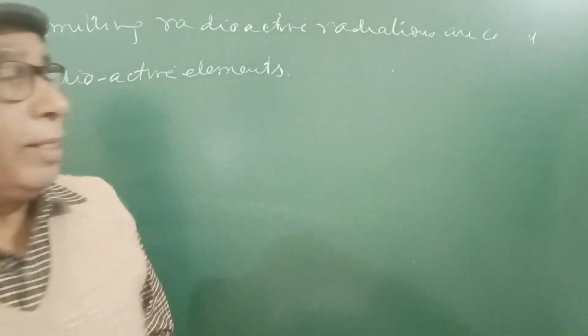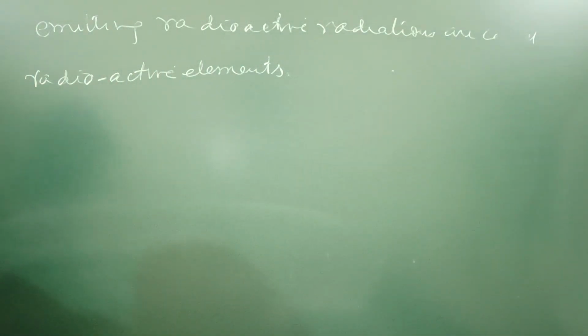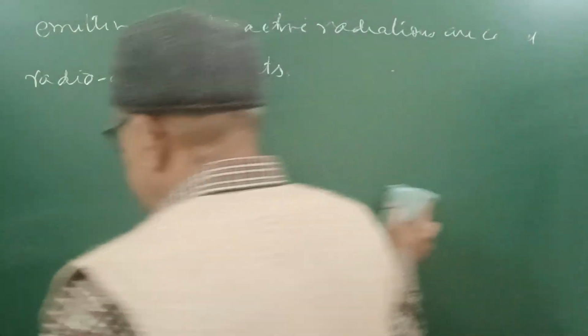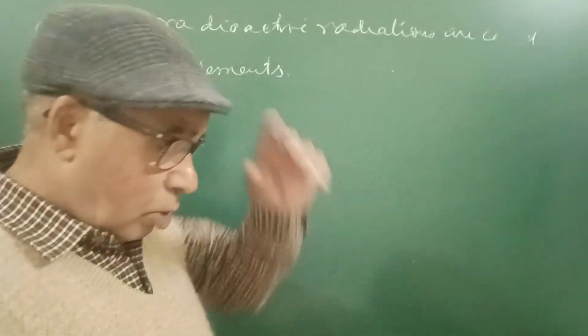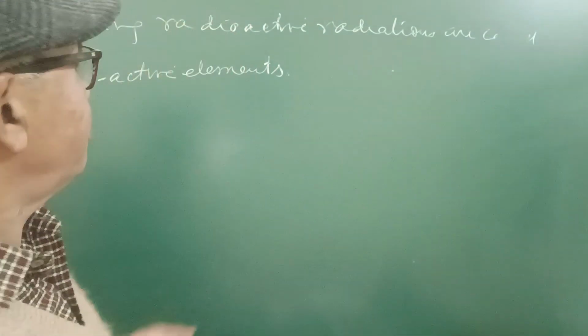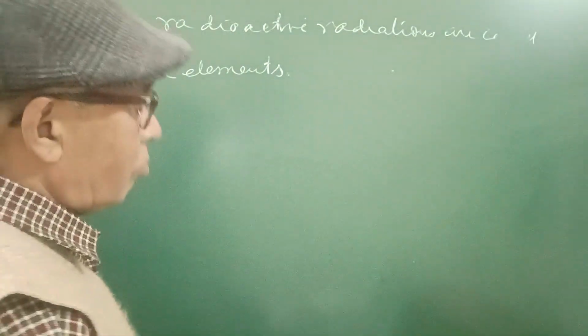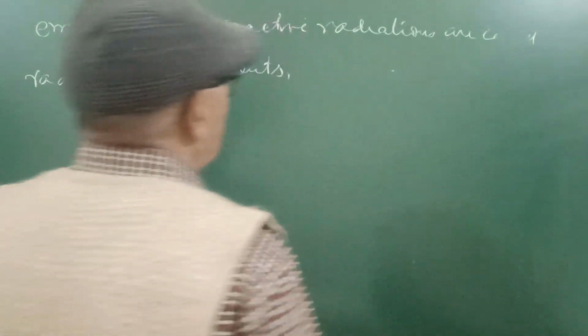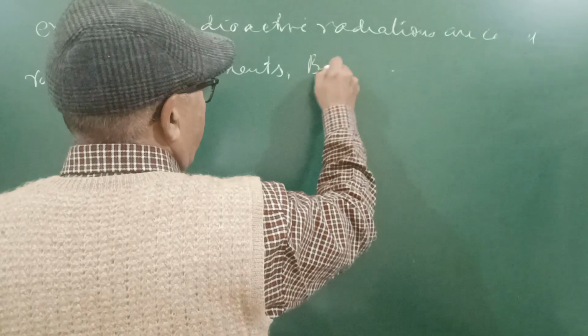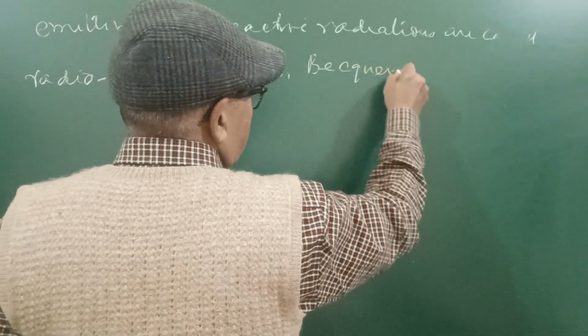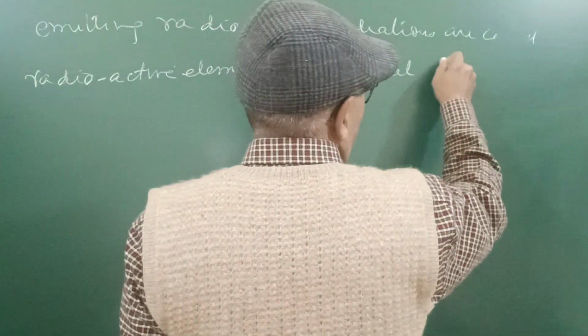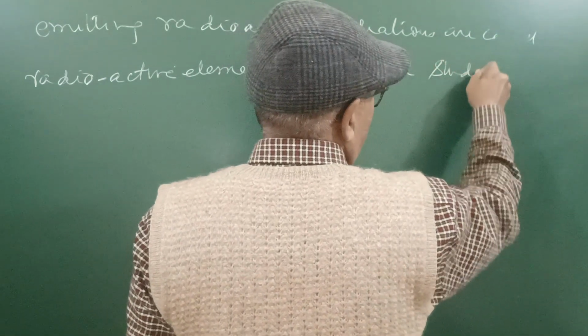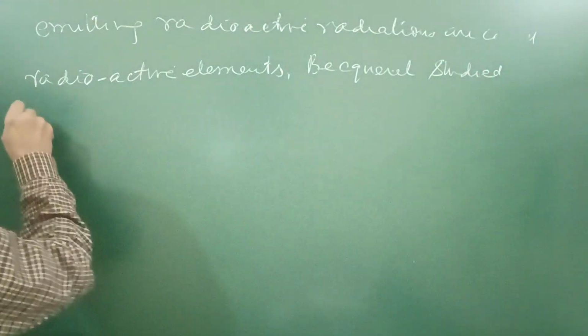So for heavy nuclei, nuclear force becomes slightly less than Coulomb force, and when this happens, the nucleus becomes unstable and it will try to get a stable structure by emitting these radioactive radiations. I will tell you what those radiations are. Becquerel studied these radiations.